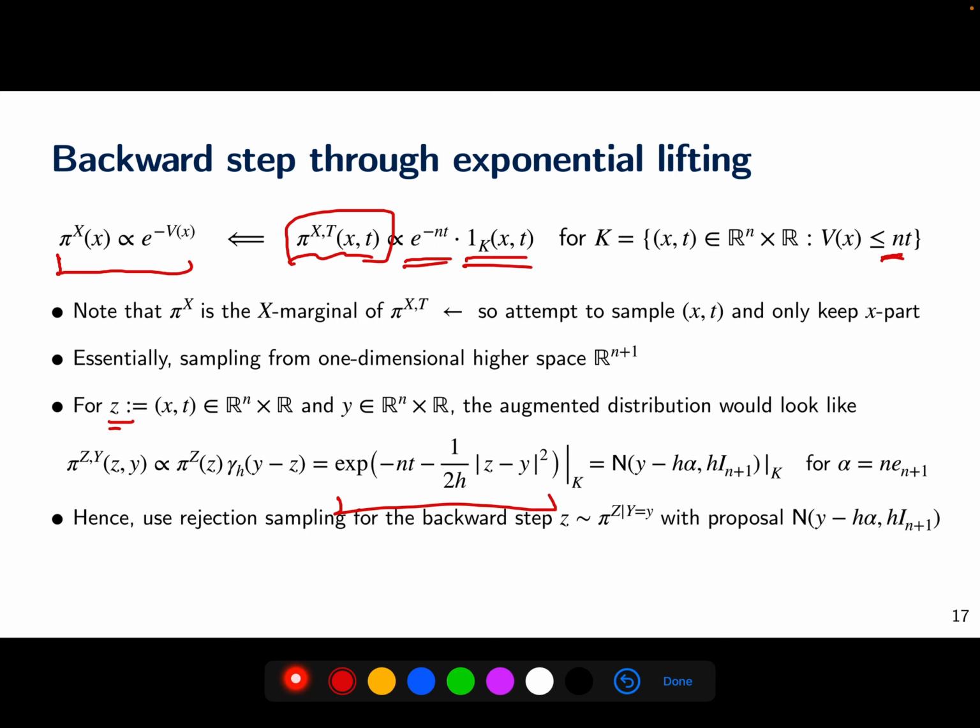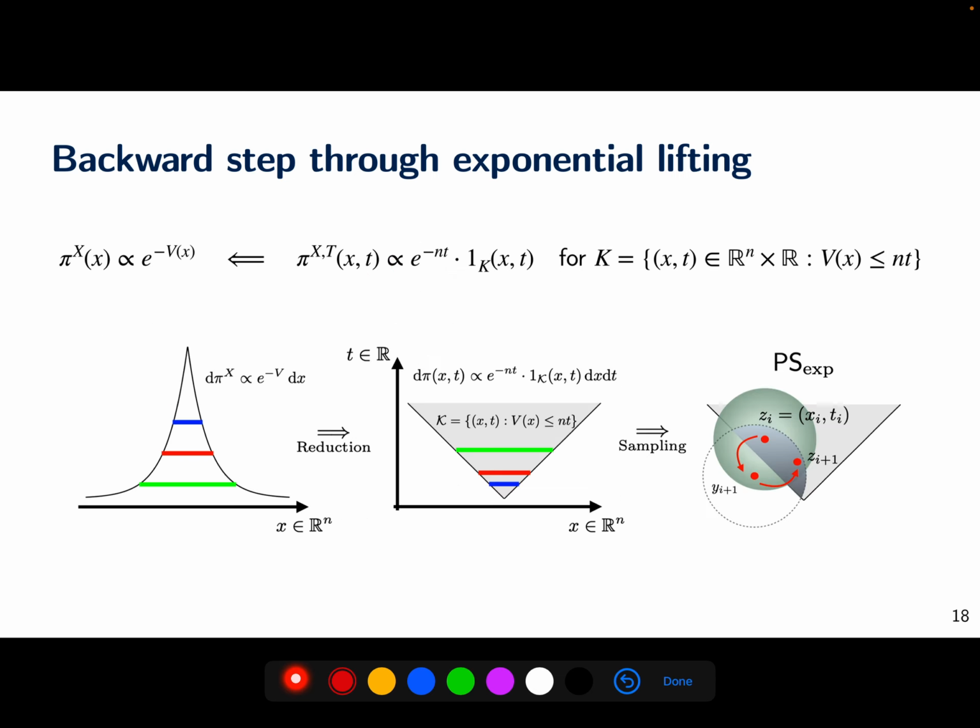So now you just use rejection sampling with this proposal without the truncation, and you accept the proposal from this Gaussian once it lies in this K. This is a pictorial illustration of our approach. When you're given some log-concave distribution like this, you go to a one-dimension-higher space, in which your potential is now very simple, and then you just run the proximal sampler on this n+1 dimensional space.